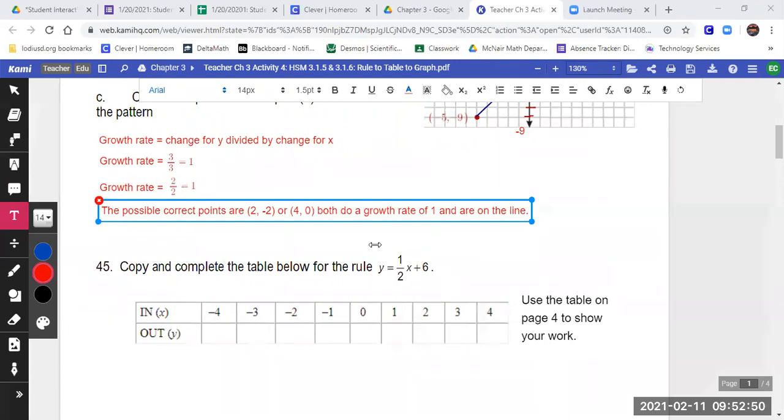Who remembers what buttons they push if they want to just get one piece instead of the whole thing? I told you guys yesterday the buttons to push.